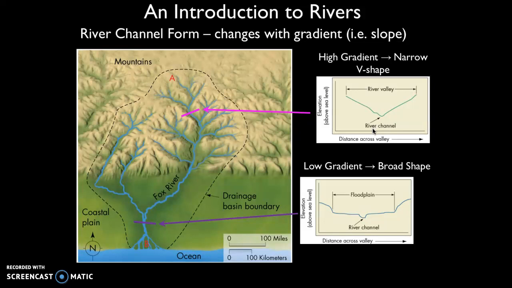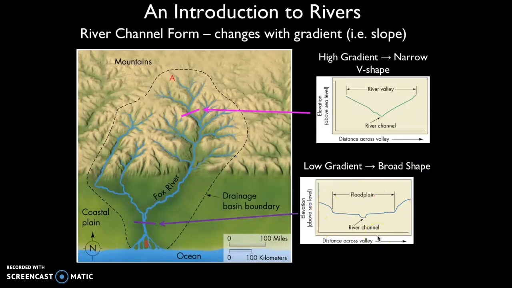If you look at the river channel shape further down, where the gradient is not very high, so it has a low gradient, that river is no longer going to have a narrow V shape, but rather a broad shape like you're seeing down here.